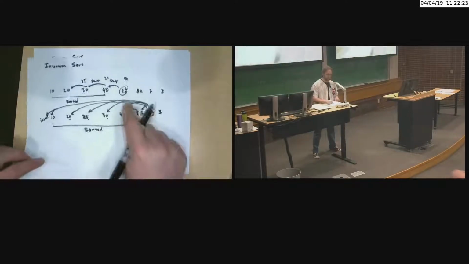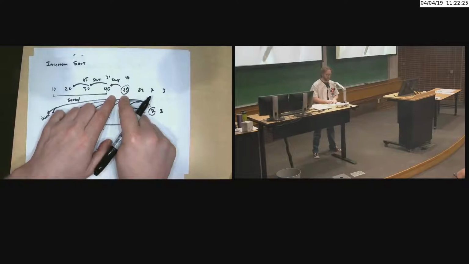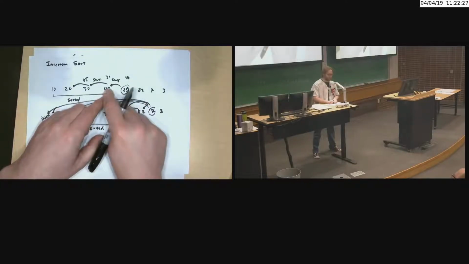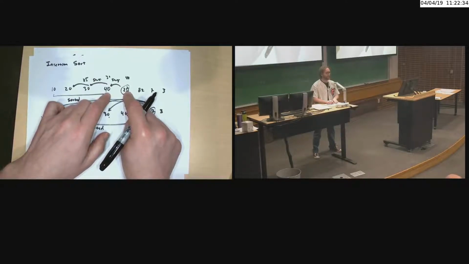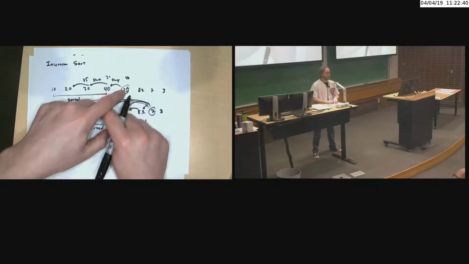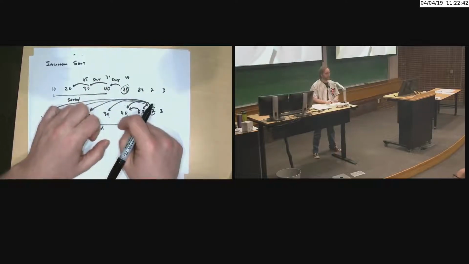When did I stop over here? On the first iteration, 25, I swapped it if a sub I, this element right here, was less than a sub I minus 1. Right? If this is less than this, then I swap it and I decrement my index variable.